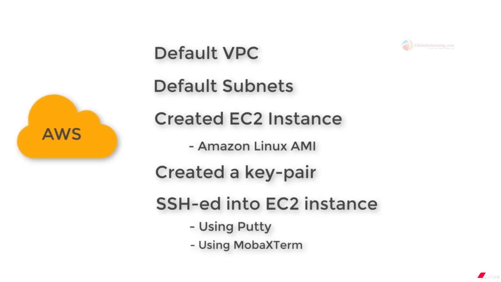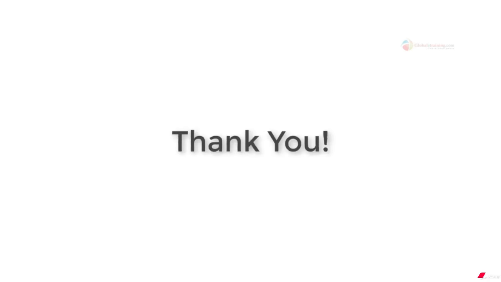And then to make it work with PuTTY, we loaded it using the PuTTY key generator and extracted the public key and the private key, which is .ppk for PuTTY private key, and then used it with PuTTY to connect to the EC2 instance. And then we used MobaXterm to connect to our EC2 instance using the command provided by AWS. By the way, the same command can be used on any Linux machine or a Cygwin environment to connect to this particular EC2 instance. Well, that's it in this video.